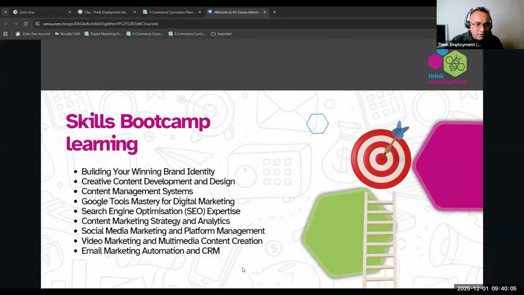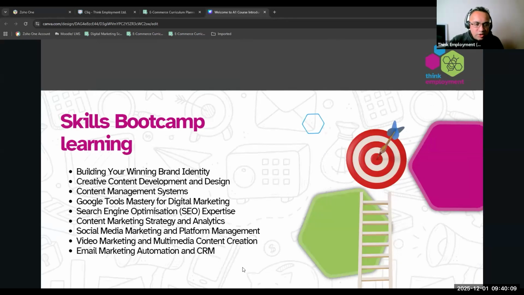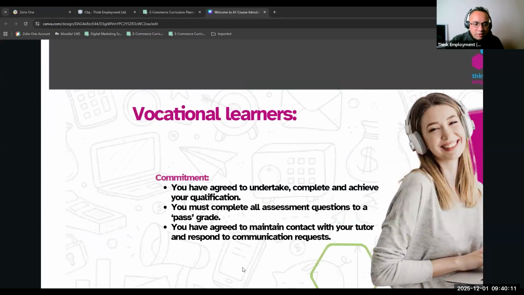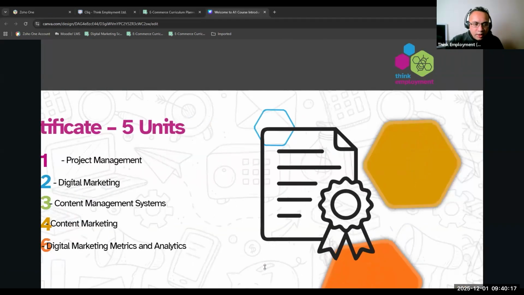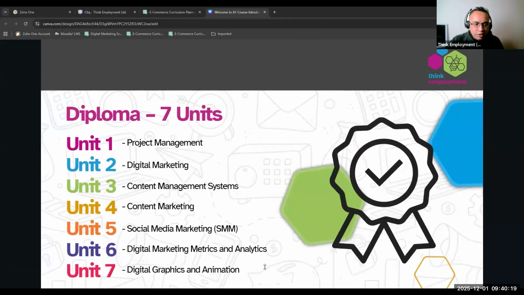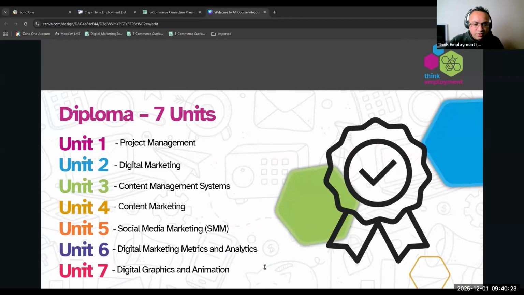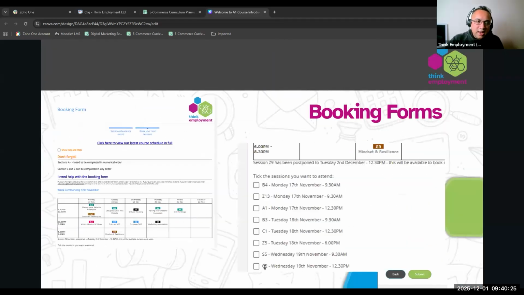The Skills Bootcamp covers this unit as well, and the vocational course also covers this unit. You can see the different units here, and we're on unit one at the moment. Those of you doing the diploma will also be on units 6 and 7, the additional units, so don't let that confuse you. Just know that this unit is relevant to all of you, which is the reason why you're here.